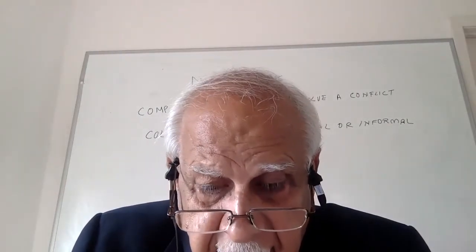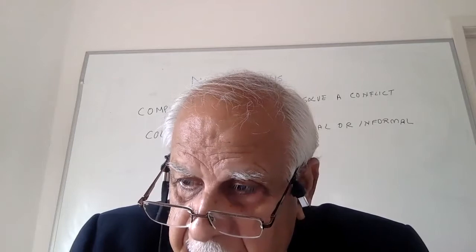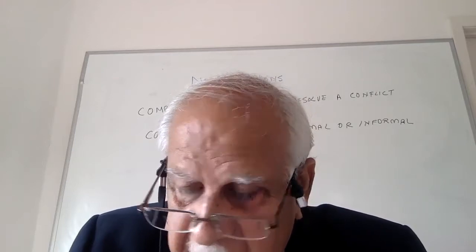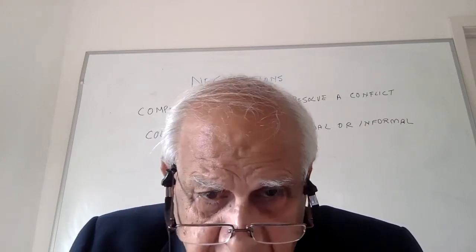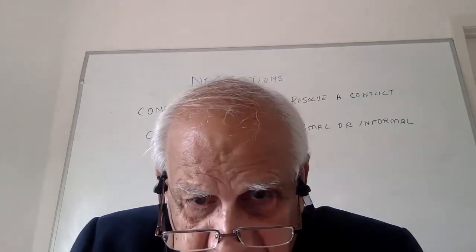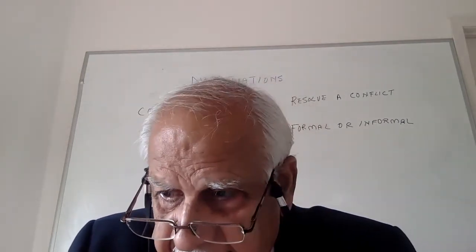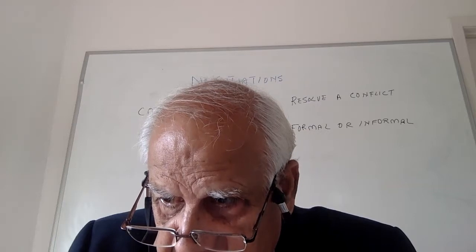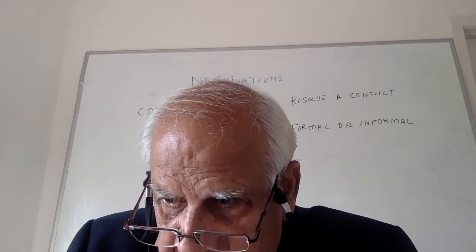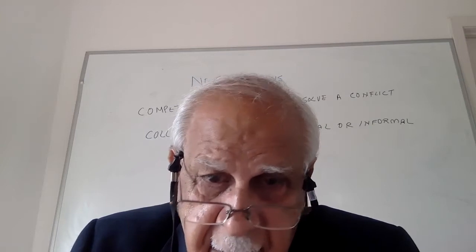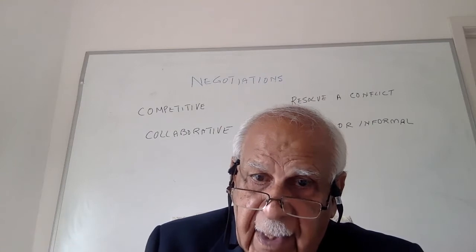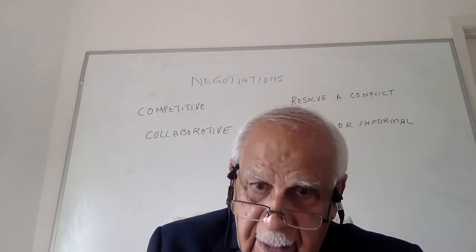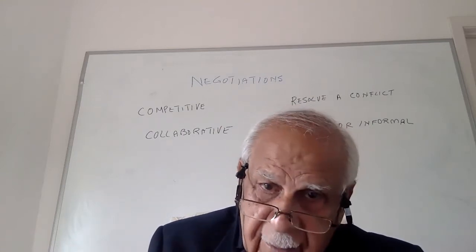Team organization. Negotiations are not normally done by one person. They're generally done by 2, 3, 4 people on this side, 3, 4 people on the other side. I'm not saying everybody, but they may have a lawyer, and maybe he's the leader, not always.